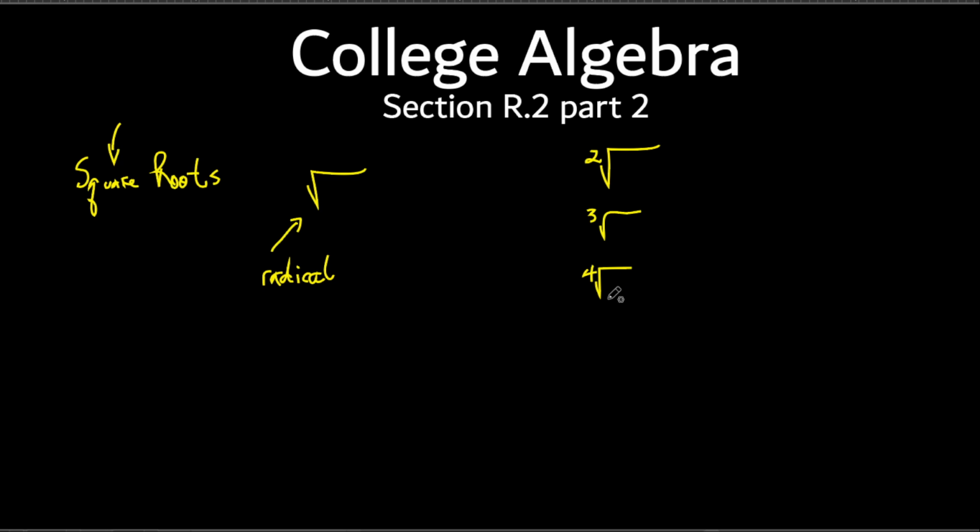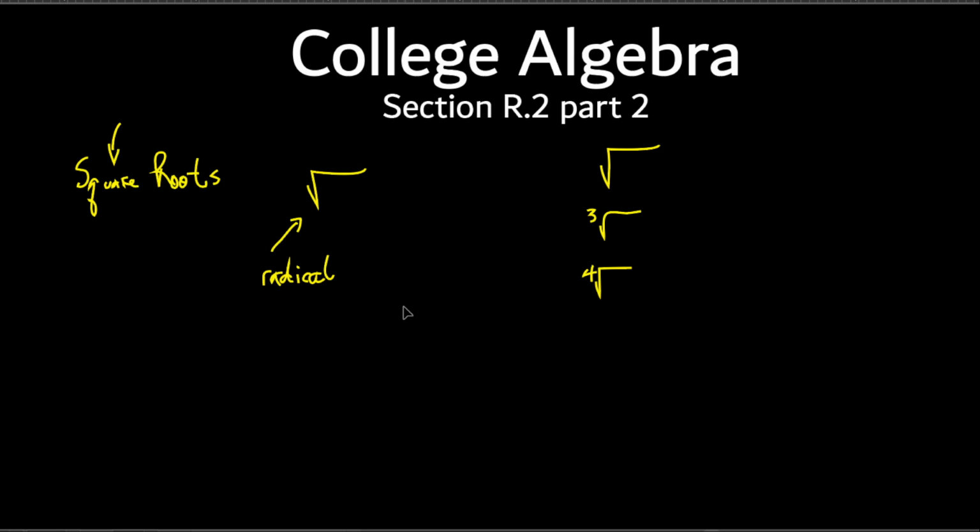Okay, and then so on. If you put a little 5 on there, it's a 5th root, 6th root, 7th root, and so on. All right, that's what that stuff means right there. Normally, again, if it's a square root, we don't usually put the 2 there. If there's no number there, it's tiny, in the crook of that little V looking thing, that's a square root.